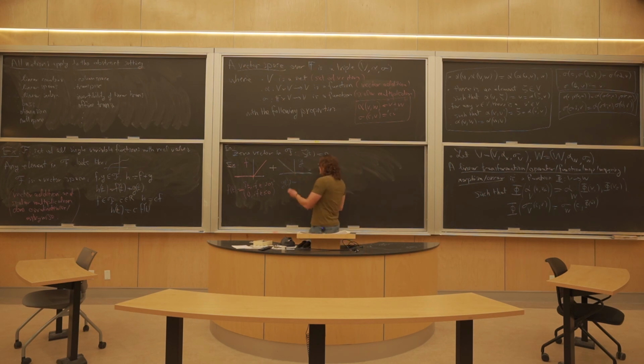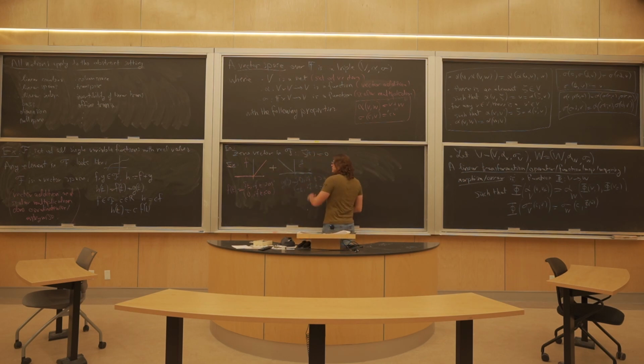So this is 0 if t is positive, and if t is negative, it is minus t. These are valid elements in my function space because I didn't tell anything about how the functions look like. I just told you that it takes the real numbers to the real numbers.